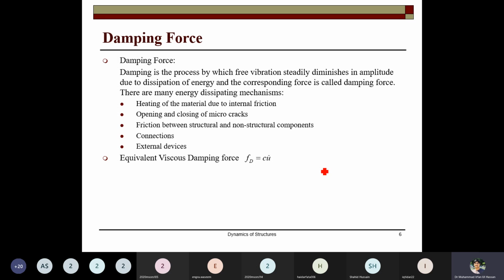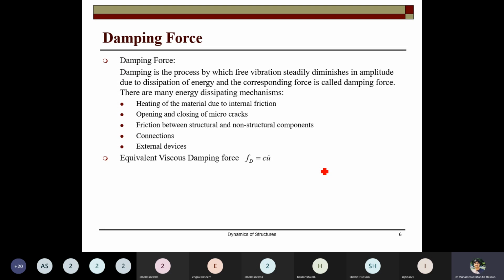For example, heating of the material due to internal friction, opening and closing of micro cracks, friction between the structural and non-structural components, connections, and external devices. These are all used as dissipating mechanisms.